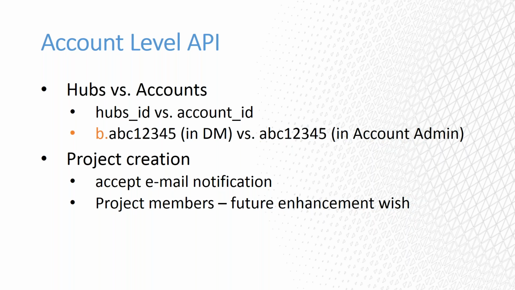But if you are using BIM 360, it will be b. as well. So if you happen to use the hubs endpoint to get the ID and then try to use it in account admin, you will need to take out the first b. And this is something some people get confused by, so I just wanted to put it here.